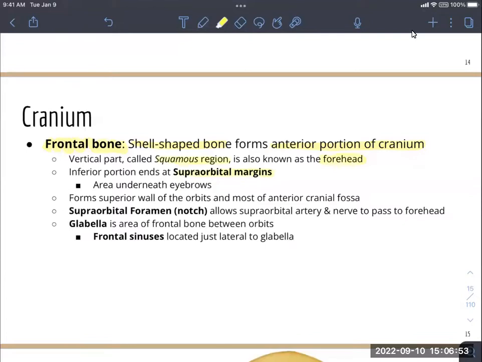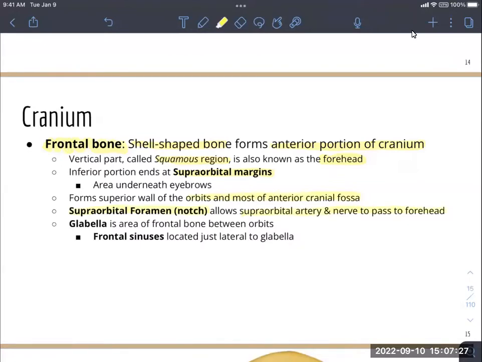That's just underneath your eyebrows. The frontal bone makes the superior part of your orbit. We have a supraorbital foramen or notch. That's just above the eyes, a little bit just above the eyebrows too. But that allows the supraorbital artery and nerve to pass to the forehead.